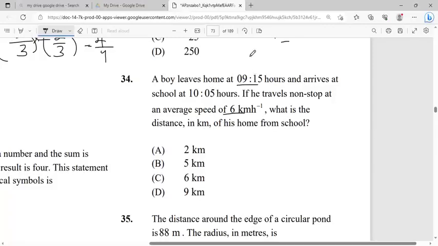So this is going to give us 45 minutes. So we get to 10 o'clock and then we add the next one. So it's basically 50 minutes it took him, right? Times 6 kilometers. But that's his average speed, 6 kilometers per hour.